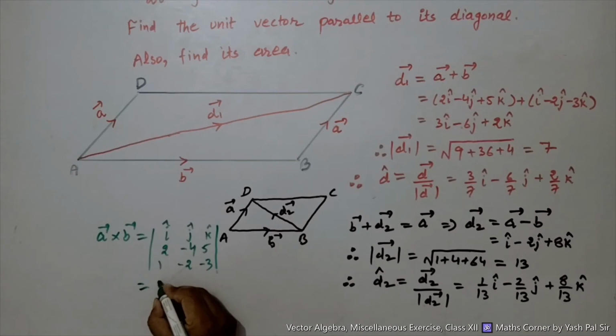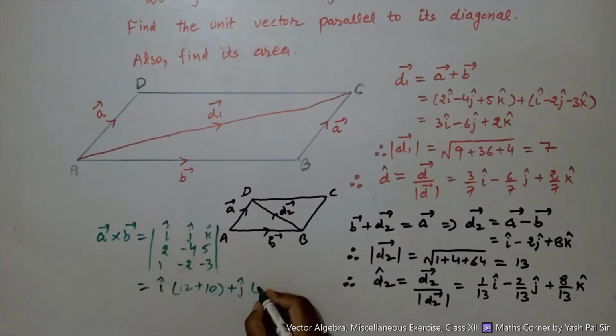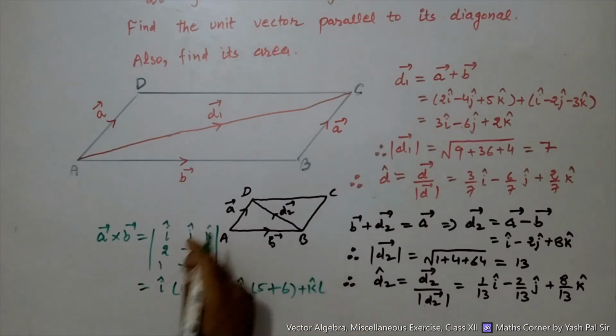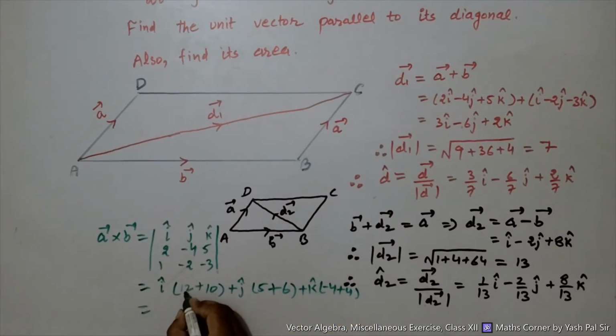So solving this, we have i cap into 4 into 3, 12, minus minus plus 5 into 2, 10, plus j cap into 5 minus minus plus 3 into 2, 6, plus k cap into minus 4 minus minus plus 4, right?